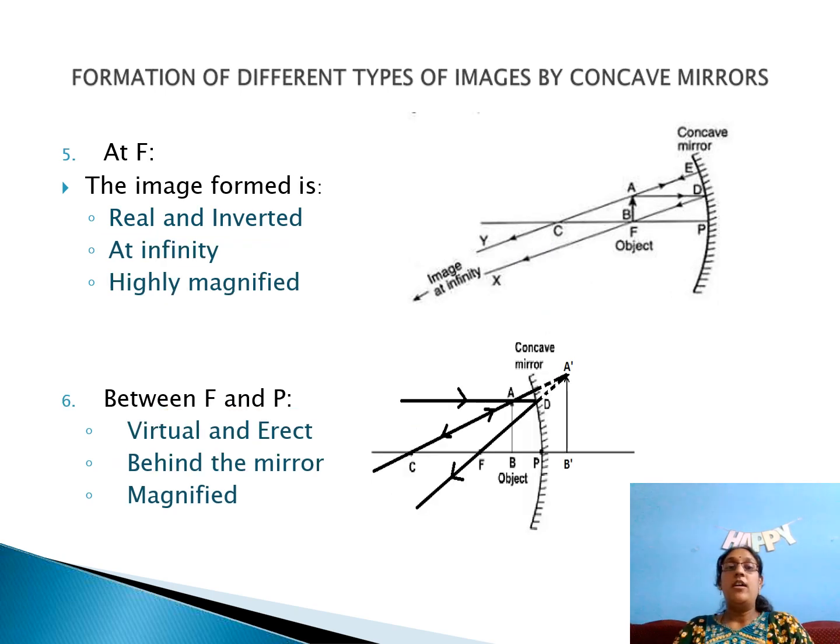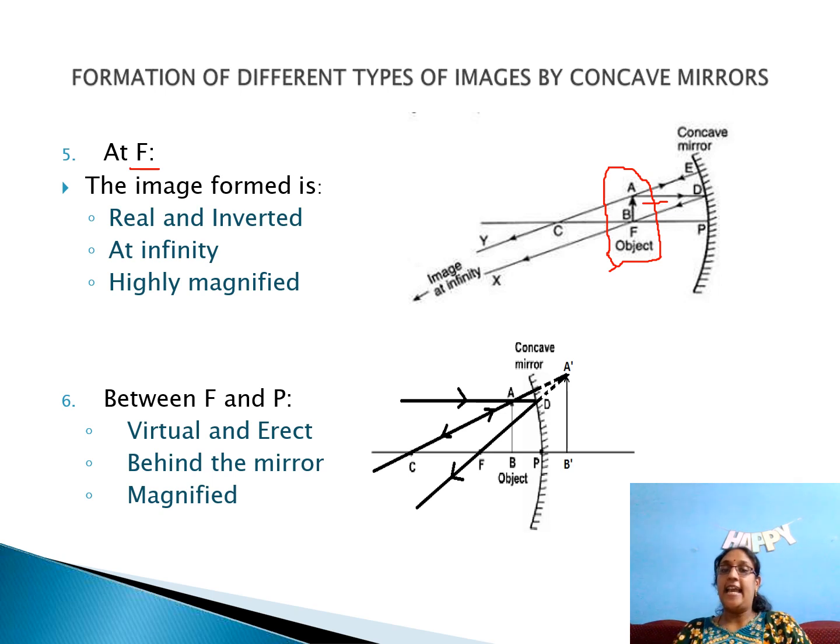Next is your fifth case. I'm keeping the object at F, at your focus. The same rule is followed. A ray parallel to the principal axis passes through the focus, and a ray which passes through the center of curvature retraces its path again.